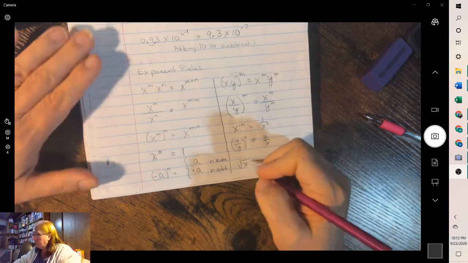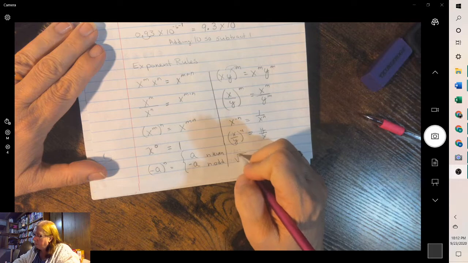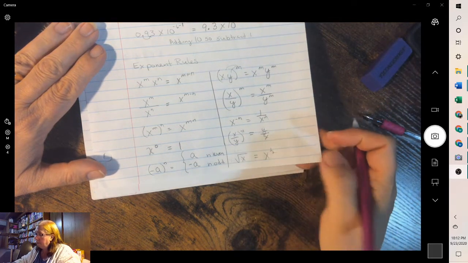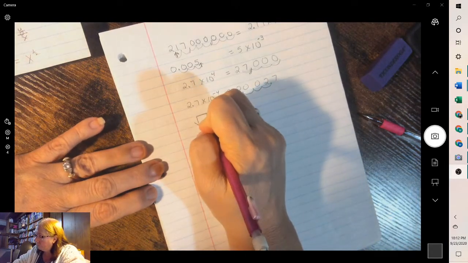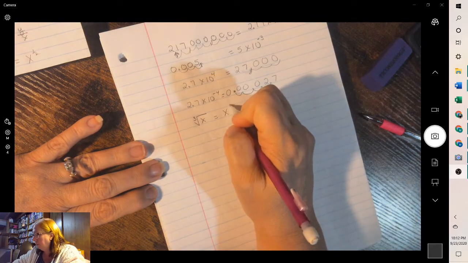The last one is a fraction. A radical is a fractional exponent. So the square root would be 1/2. If we had a cubed root, that would be 1/3.